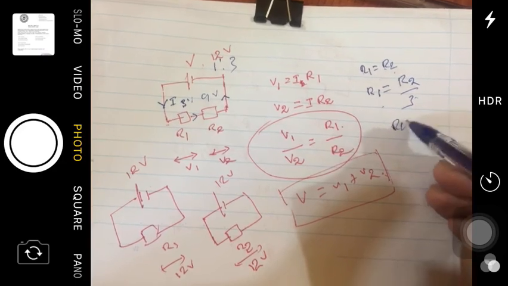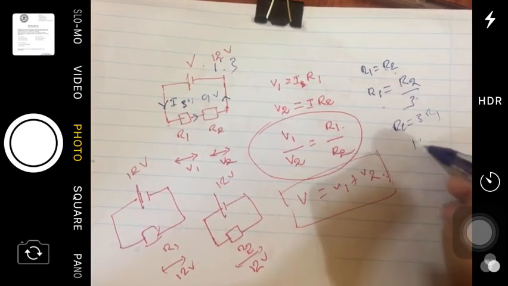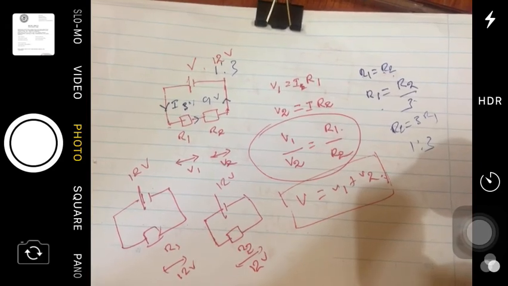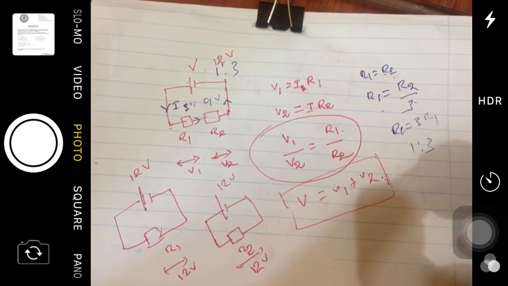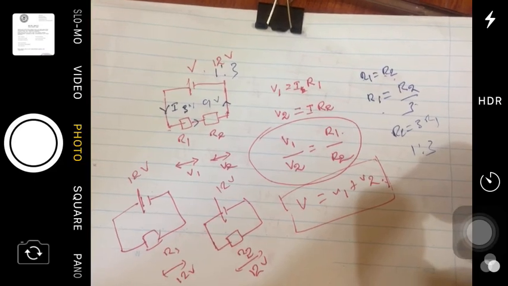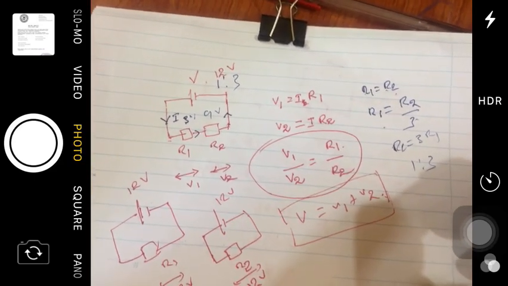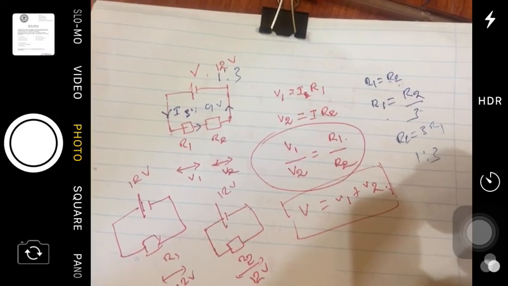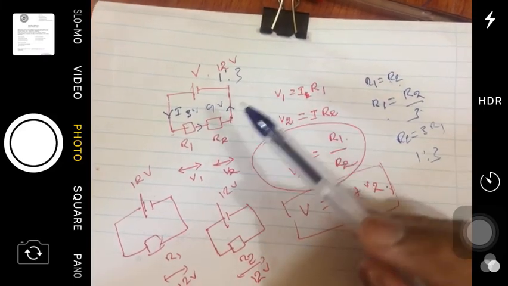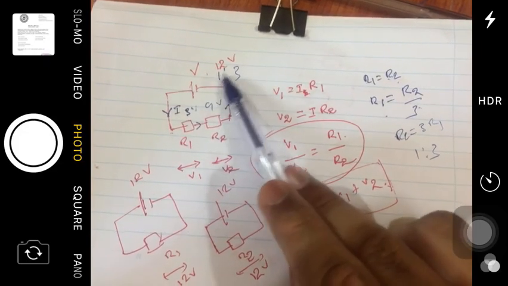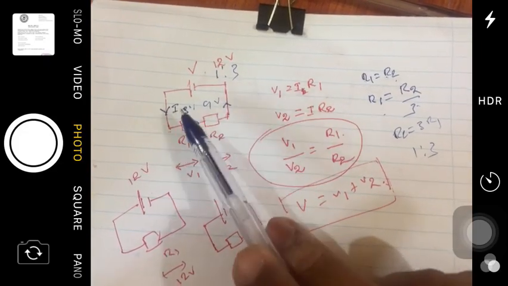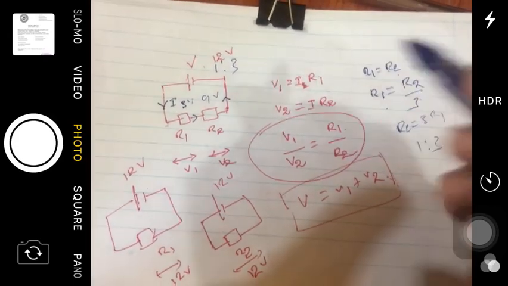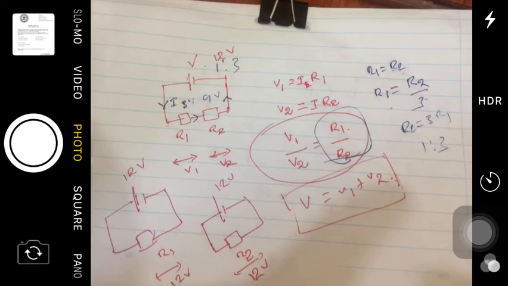So R2 would be 3R1 and the ratio would be 1:3. So according to the resistor values that you are using, you will be able to divide these 12 volts. Or rather, not according to the resistor values, but according to the ratio of the resistor values that you are using.